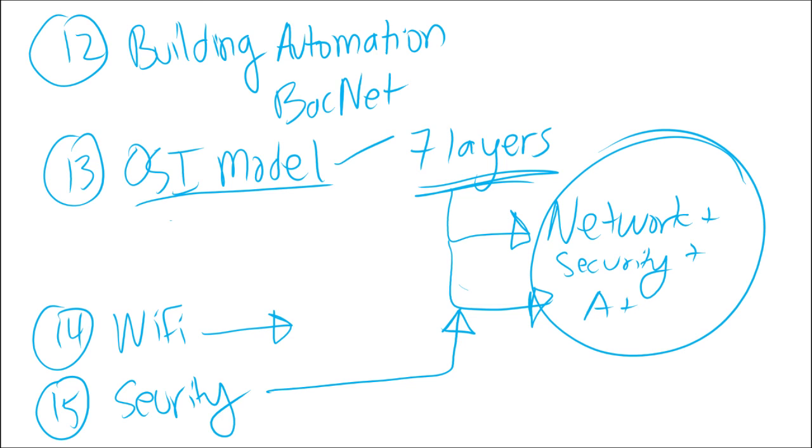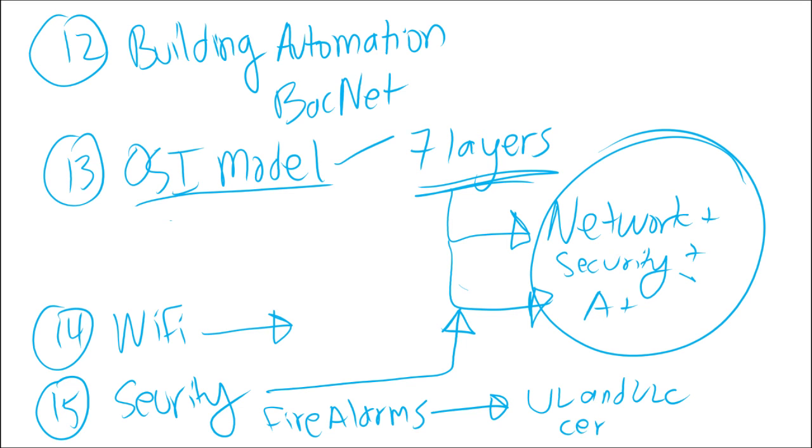One thing this course doesn't cover yet, for as much in depth as I like it to, is fire alarms. And I'm going to be expanding on this topic later. So we're going to look at UL and ULC certification.